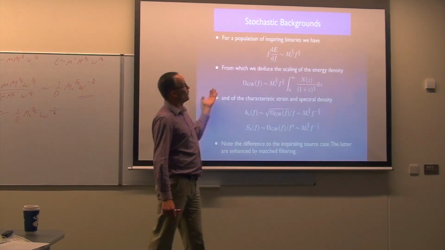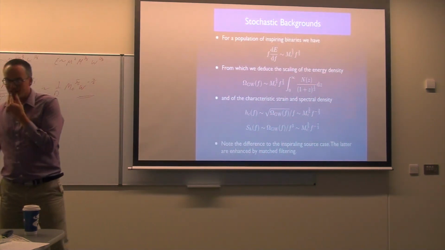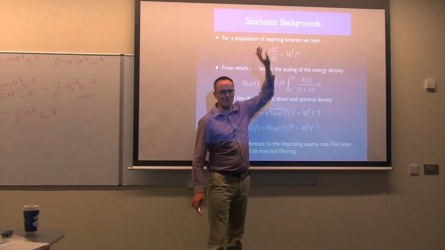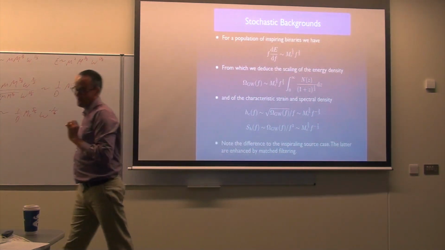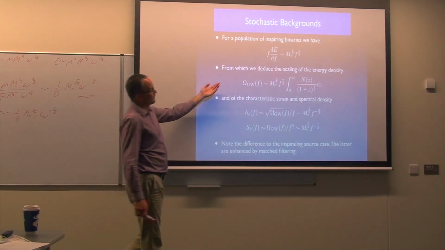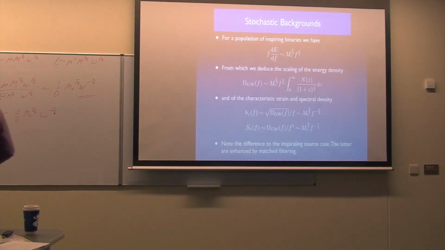So what does it mean for particular backgrounds that we might care about? Well, let's suppose, again, inspiraling binaries. Okay, so we've got inspirals. We can use these results we derived here to work out what this f dρ/df scale is. Okay. So dρ/df is dρ/dt divided by df/dt. We've got expressions for both of those. We have E dot here, and we have omega dot here.